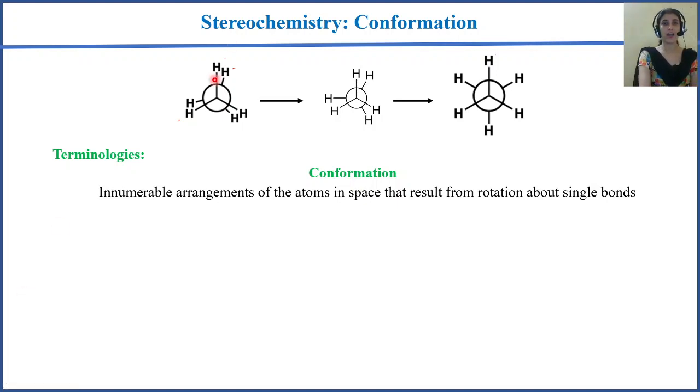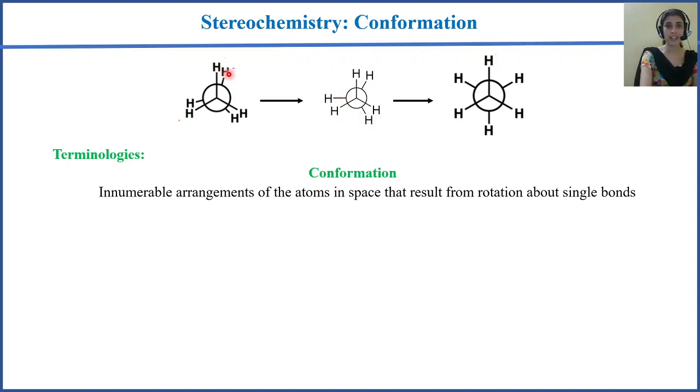In these 2 carbons there are 3 hydrogens: 1, 2, 3 in the front carbon and 1, 2 and 3 in the back carbon. Now, if we keep this front carbon fixed and rotate the CC bond, we can see this spatial arrangement.